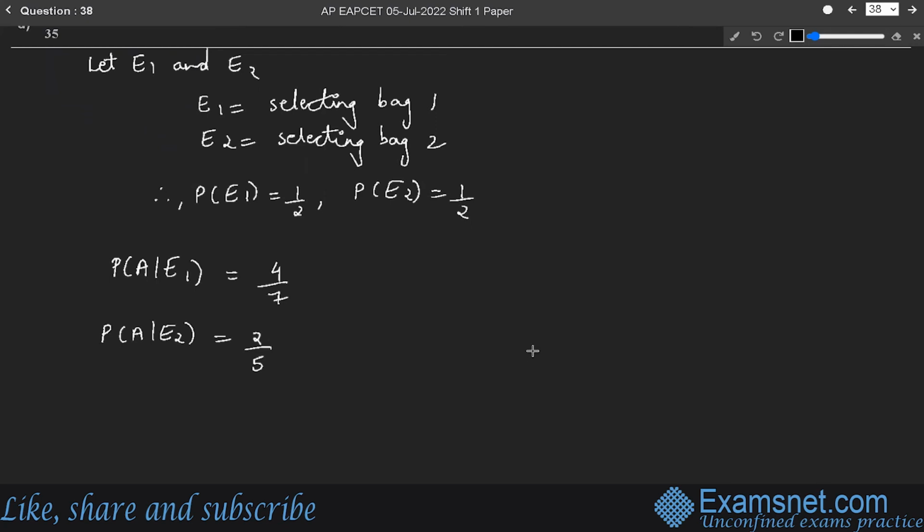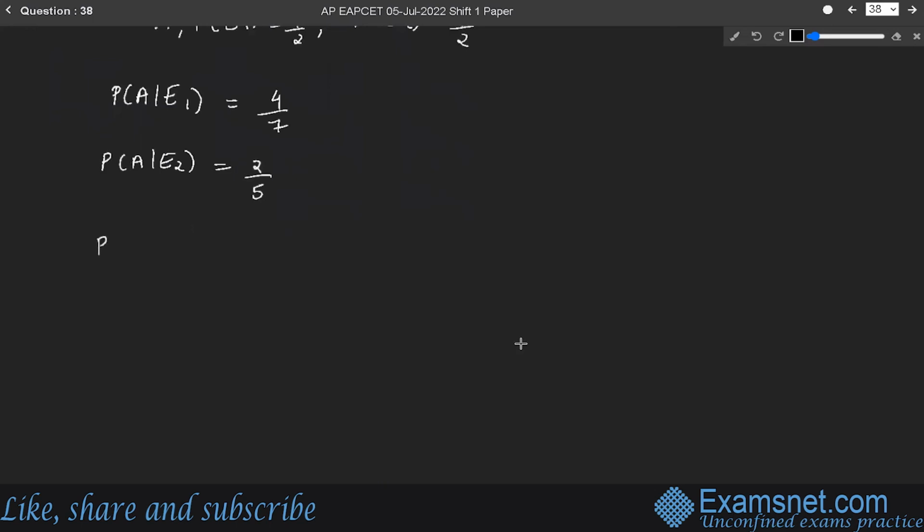Now we have to use the law of total probability. We have to find that probability that a ball is red ball. So probability of red ball will be equals to P of E1 into P of A by E1 plus P of E2 into P of A by E2.